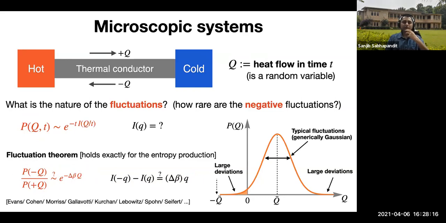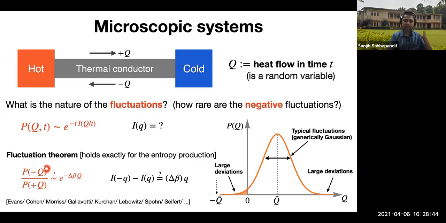Again, you want to see whether this kind of relation is true for heat or only true for entropy production. And we'll see that for heat or for work, there are instances where this relation need not be true. And if it is not true, then this is the only way to find out about these rare events, and you want to find out how rare they are.